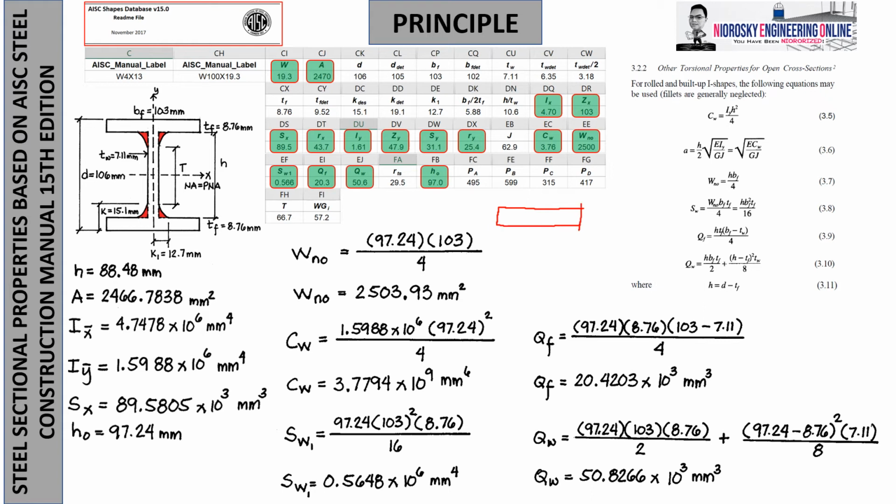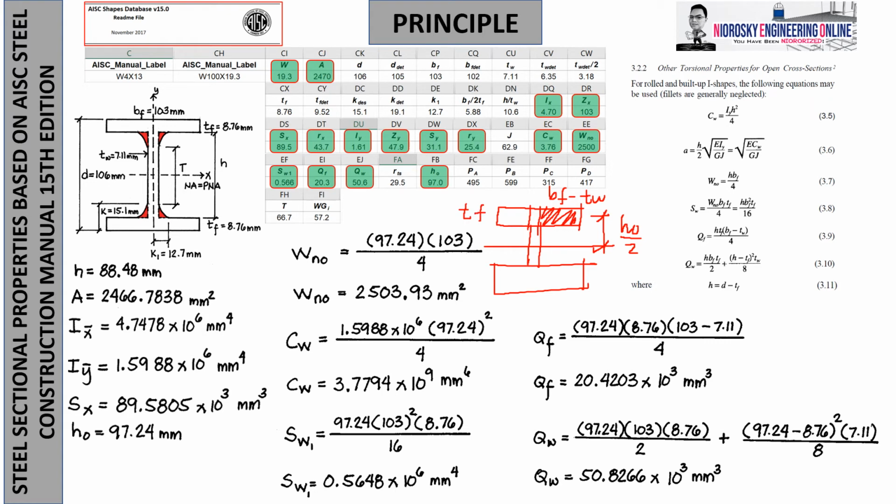So, to compute QF, let's start with QF. What you need here, of course, is this one, the one overhang. Okay, note that this is H sub naught, this is over 2, and this is BF minus thickness of the web, and then this is thickness of the flange.